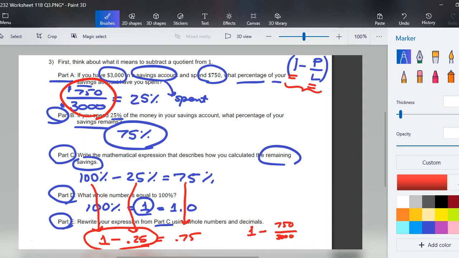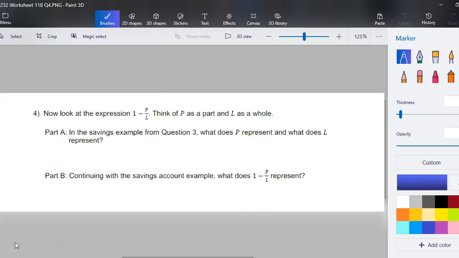So let's keep digging deeper on this formula. Delving a little bit more into this formula before you see it in class, it says now let's look at this expression and think of P as a part and L as a whole. In the savings example from question 3, what does P represent and what does L represent?